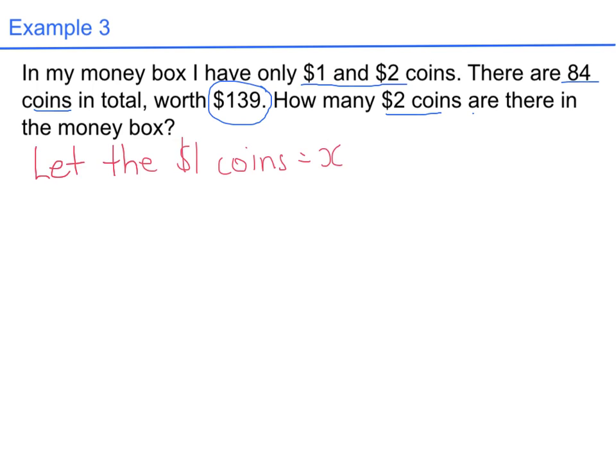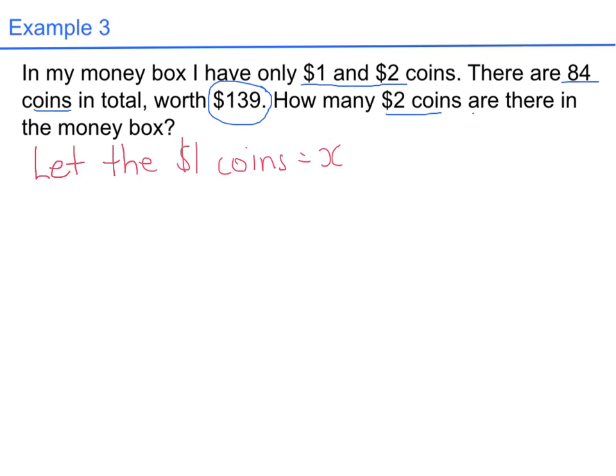But this isn't really what we're relating to each other. What we're trying to work out is a relationship between the value of the coins and how many I have altogether. The number of $2 coins will be equal to the total number of coins I have in my money box, minus however many $1 coins I have.